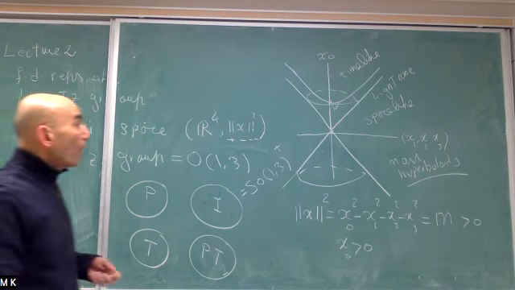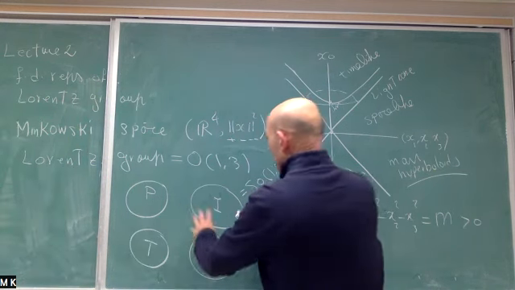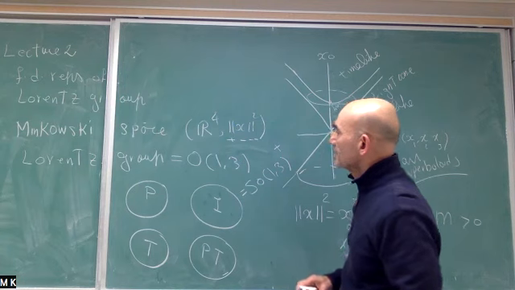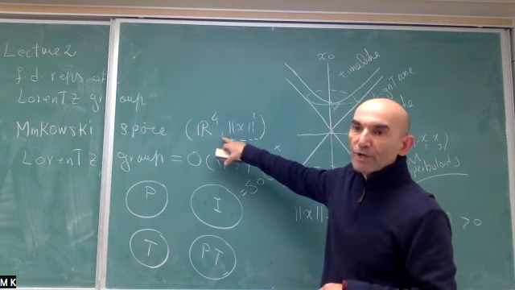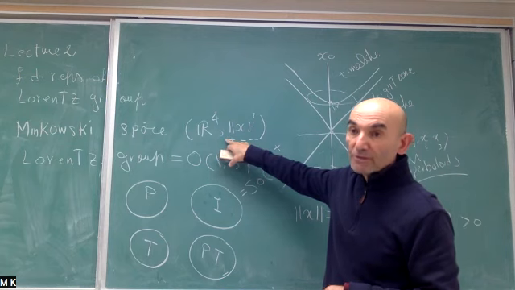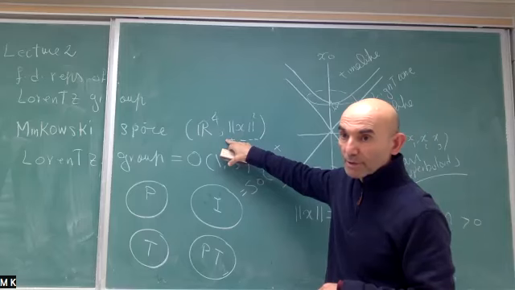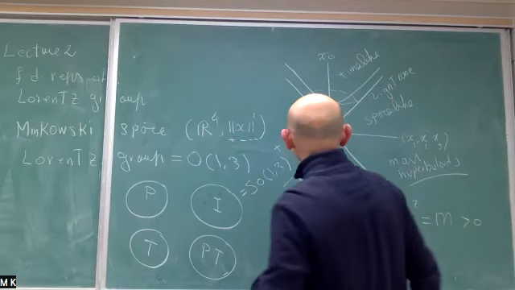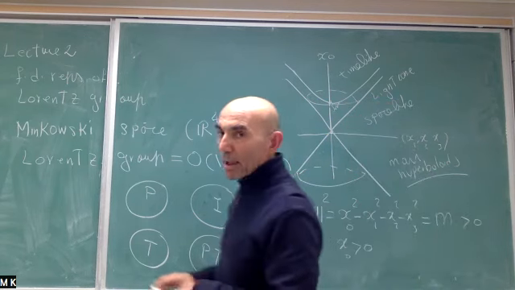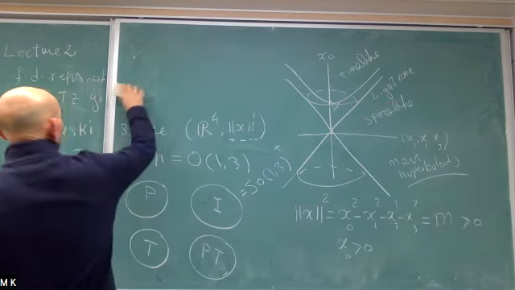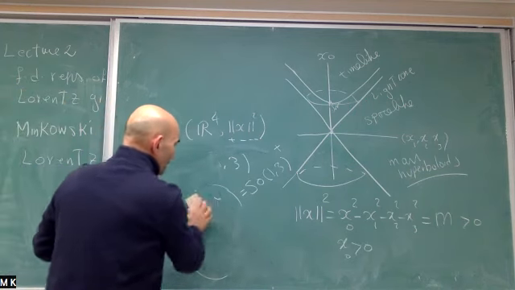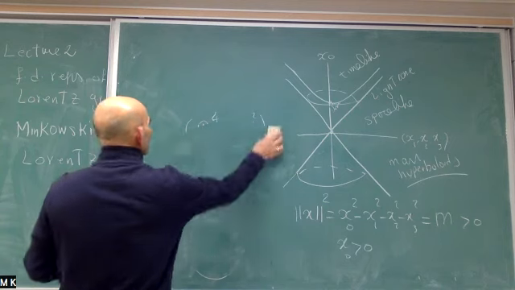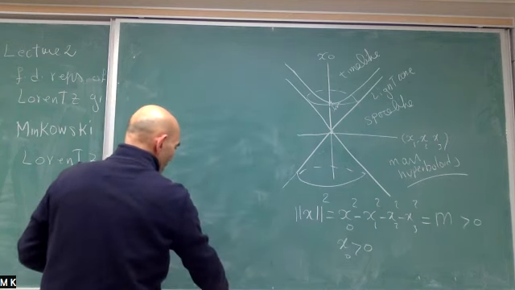Now, one important thing to understand these connected components, and in general, is to have another representation of Minkowski space in terms of spinors and spin groups. So I'm going to present it now.